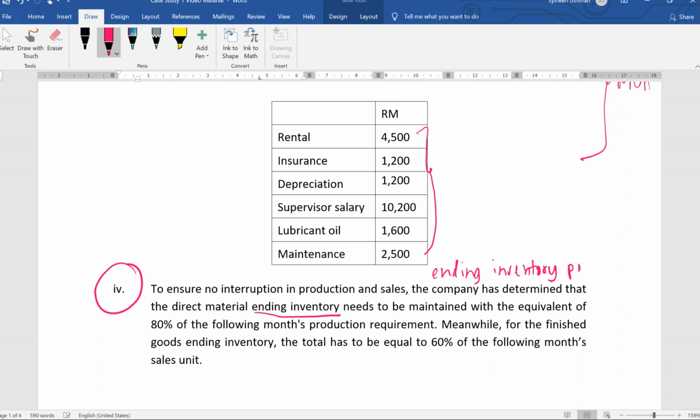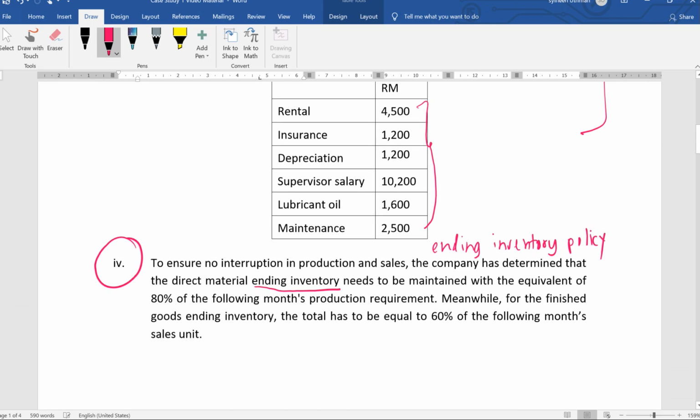We will use this to calculate the ending inventory. The ending inventory needs to be maintained with the equivalent of 80% of the following month's production requirement. This information is going to be used for the ending inventory in your direct material budget.